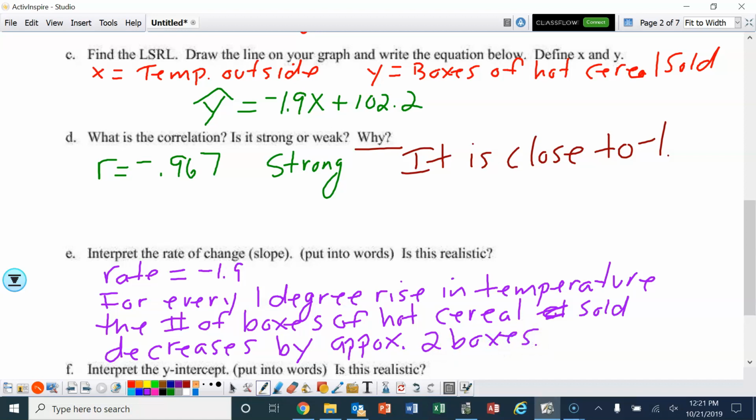Okay, we can't sell part of a box and we're going to round it.